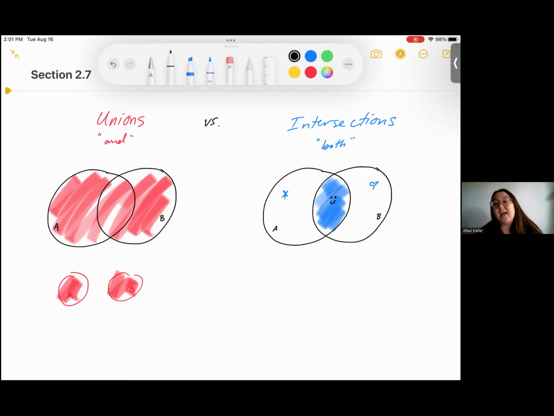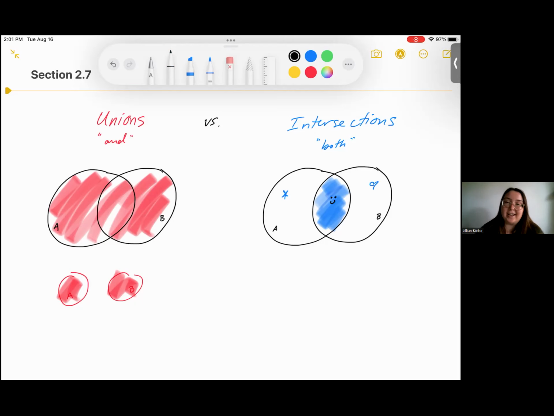Smiley face is in domain A and it's in domain B. So in that case, it would be included in the domain A intersect B since it is in both domains. So that's the idea there that we're using this with. So that's the difference between unions and intersections. Just a quick little stats preview, I guess. A little stats lesson there. Since you're going to be seeing them in the future, that's what they mean.